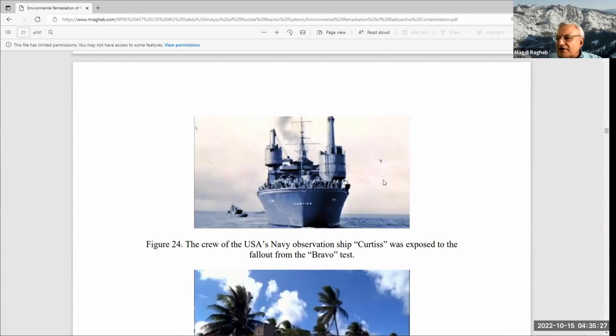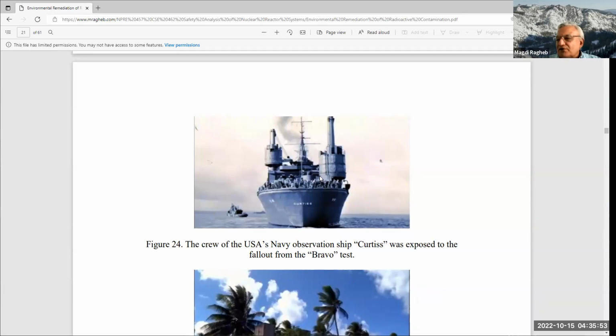Some newly declassified material that people didn't know about was that there was an American ship also. This was an observation ship, the Curtis, and you could see all the crew of the ship on the surface of the ship that was monitoring the explosion. So that is the Bravo test that produced twice as much energy as they calculated.